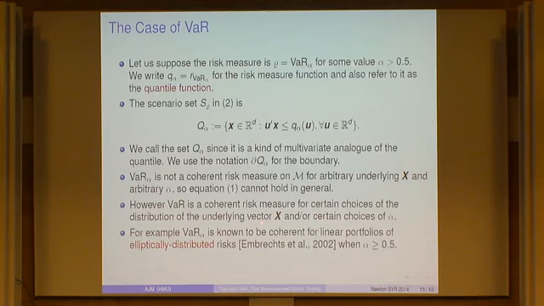One example where it does work: if you assume that X has an elliptical distribution and you take alpha bigger than a half, then the quantile is coherent on linear combinations of elliptical risks. So that would be one situation where we would have equality.